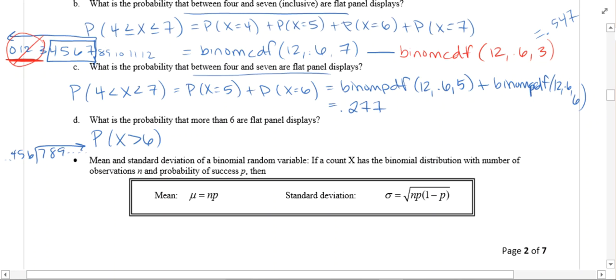So what do we need to subtract off? I need to subtract off these ones. So we're going to do 1 minus binomial CDF, the 12, 0.6, and what do I need to stick in there? I need to subtract off 6 all the way down to 0, so this becomes a 6.